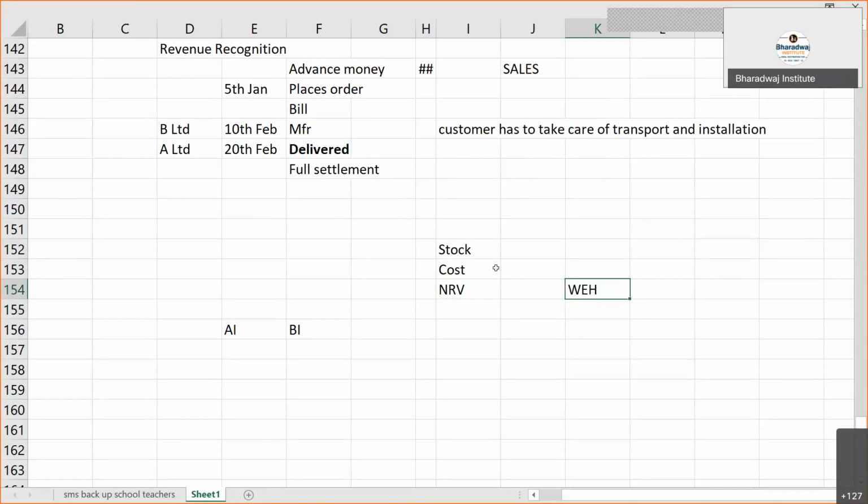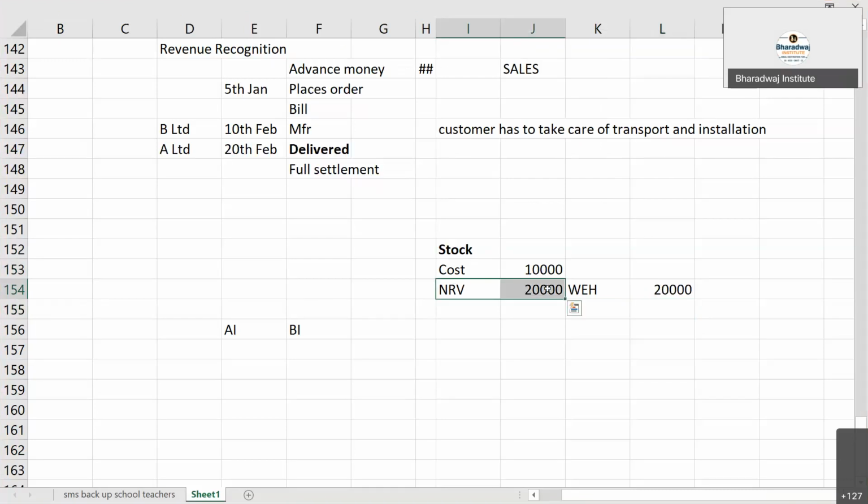No. Why? Because if cost is 10,000 and NRV is 20,000, if you take whichever is high, you will record the stock at 20,000. You are recording an anticipated income indirectly. If you sell the stock, you will get 20,000, but only when you sell the stock is it a value. We have not sold the stock. So when you follow this policy, whichever is higher, it will lead to violation.